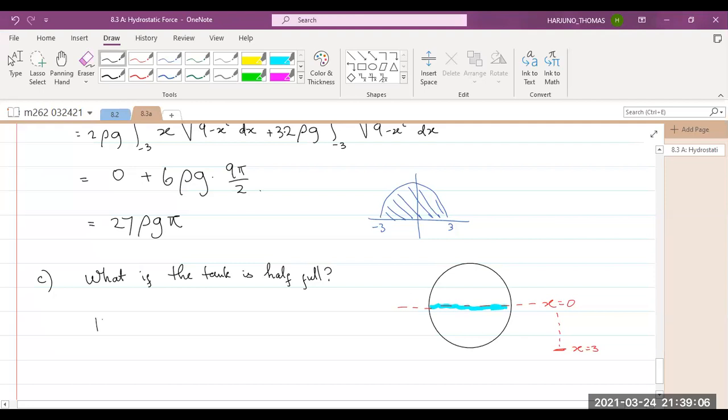So the force will be the integral from 0 to 3 of rho g x times 2 square root of 9 minus x squared dx. Because if this is x, that's the depth already, right?